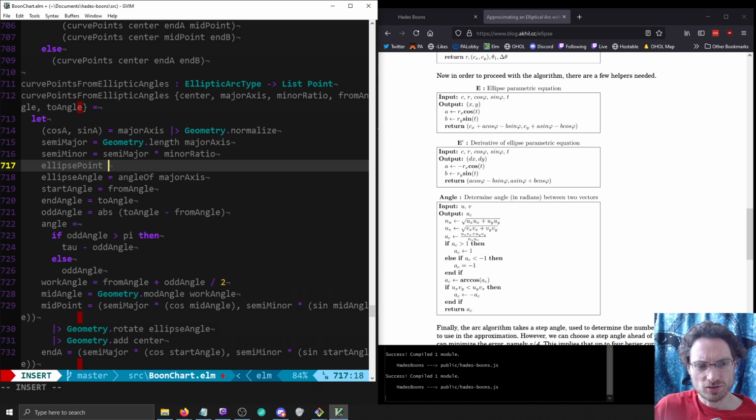All right, so center is known. Semi-major and semi-minor are known. Cos A and sine what? They are known. So this is really only a function of an angle. And this is just plus center.